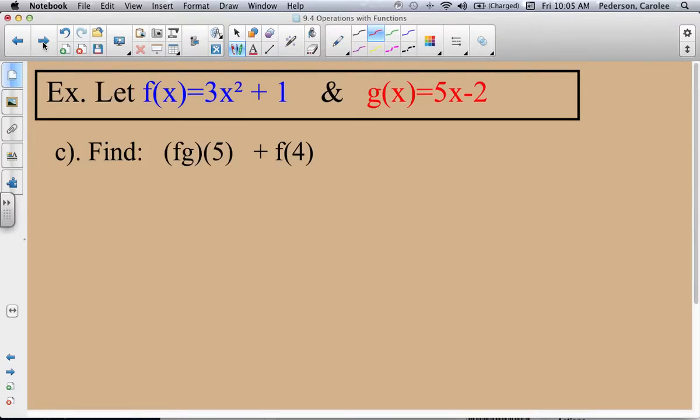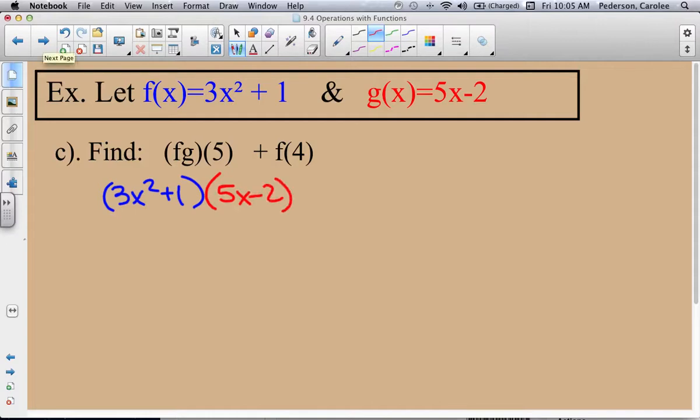We'll just do another example here. Now it's saying find f times g of 5 plus f of 4. So multiple steps are going on here. So we want to multiply the blue and the red function together. So 3x squared plus 1 times the red. And then we are going to evaluate it.